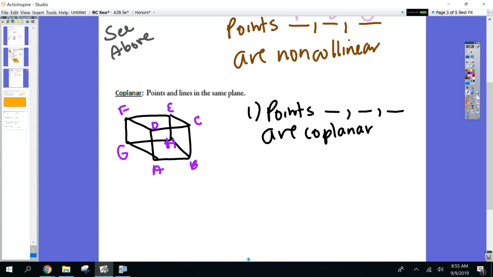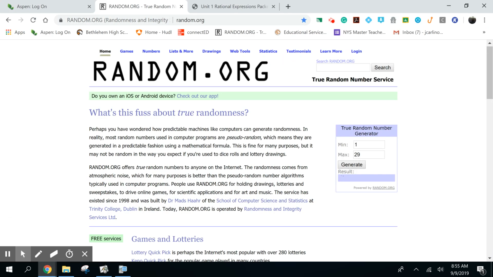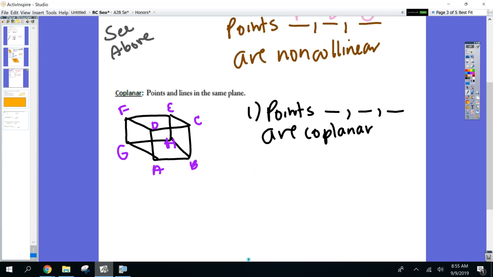All 3 need to be on the same plane. So hopefully I detailed that enough for you. If not, I can re-explain. A, B, C, unique. Thank you. A, B, C. Yep. And that would be the front plane right here. Okay, good. All right, now let's go to lines now.